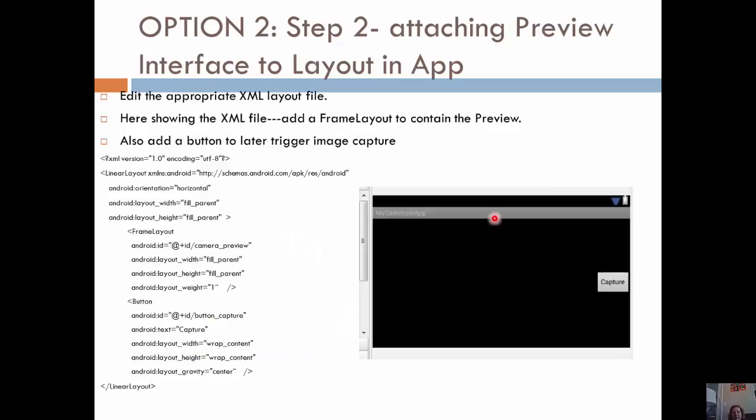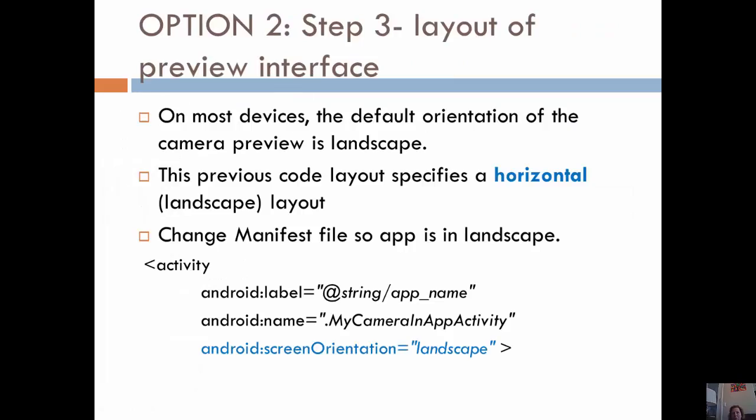So let's take a look at an interface. This is a linear layout. Inside there is a frame layout with a button here. The frame layout is not visible, but it's filling the parent, and it has an ID called camera_preview, and that's what we're actually using to display the image preview.